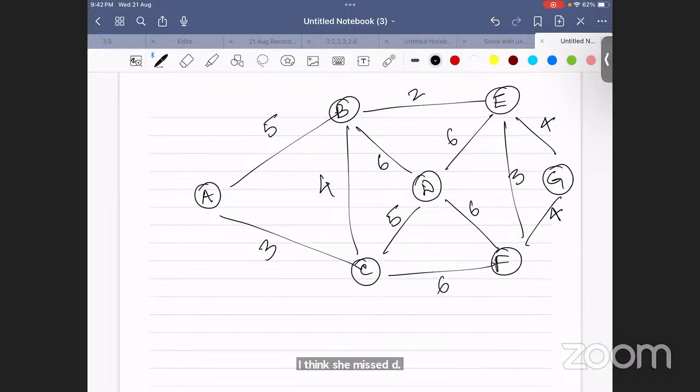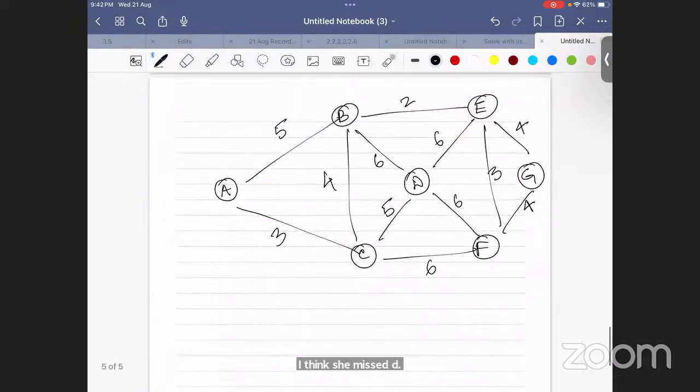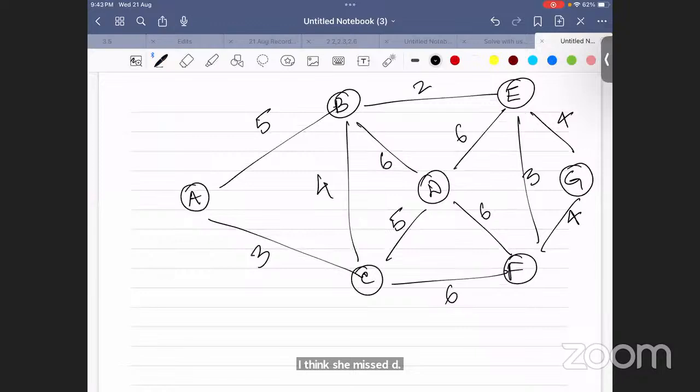Can you start solving this? Okay, let's make it small. Let's use Kruskal only. So you have to tell me how I will solve this.